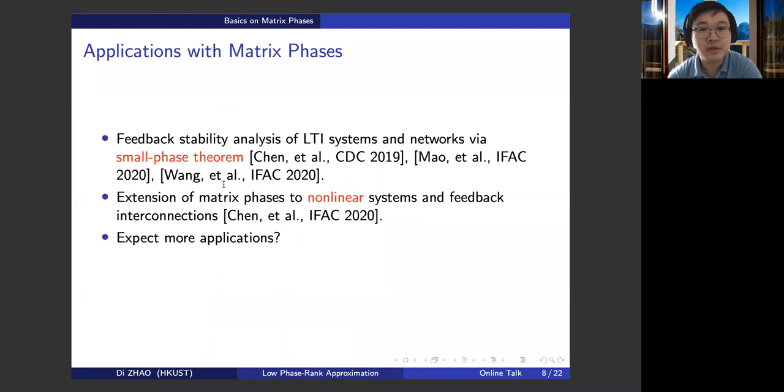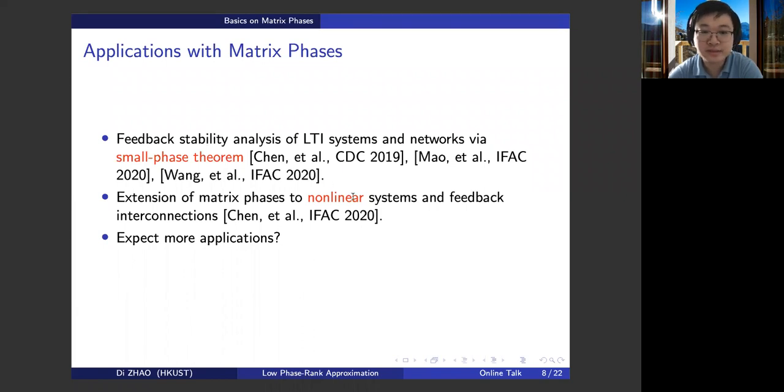There have been some applications of the matrix phase, mainly in the area of systems and control. We use the phase to analyze the feedback stability of linear time invariant systems and networks via the so-called small phase theorem, like the small gain theorem we have had for many years. And we got some conference papers published.